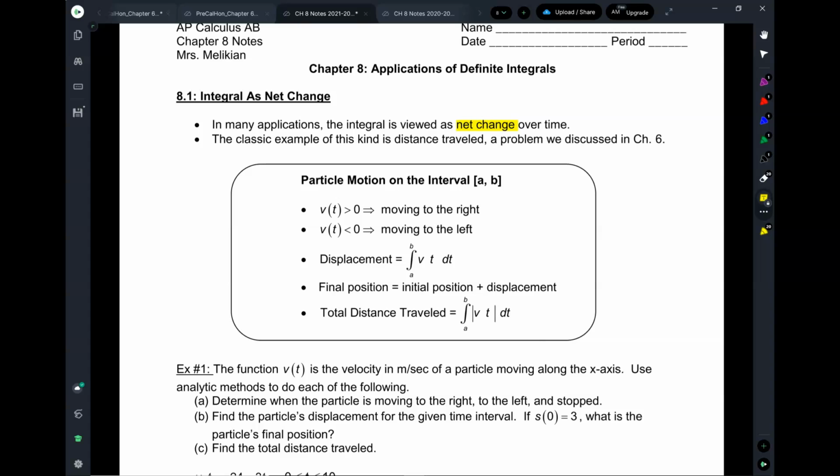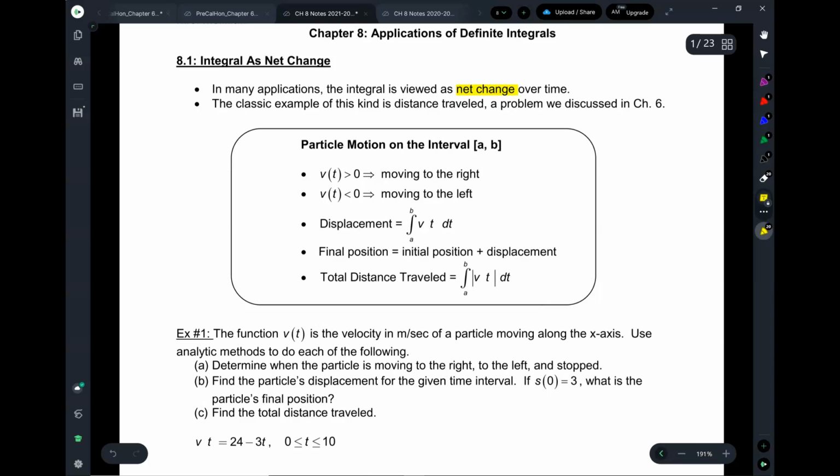Okay, so let's start talking about particle motion. From the very beginning, I've always told you, never forget about this stuff because it's going to show up all the time, and now it's going to show up officially again. When we talked about particle motion, if the velocity was positive, something was moving to the right, and if the velocity was negative, something was moving to the left.